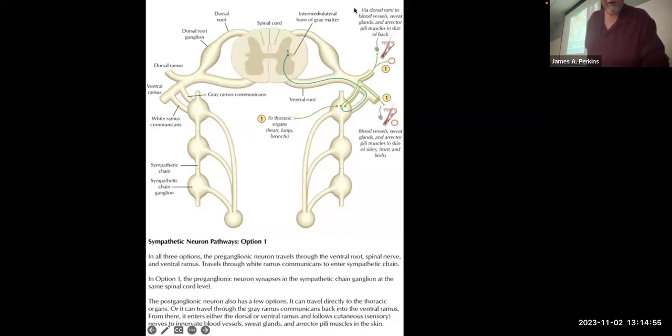That's only found in the spinal cord from levels T1 to L2. And that's where the cell bodies of the preganglionic sympathetic neurons are all found. So that's what this green dot is. So then the axons of those preganglionic sympathetic neurons are all going to leave the spinal cord by traveling through the ventral root.